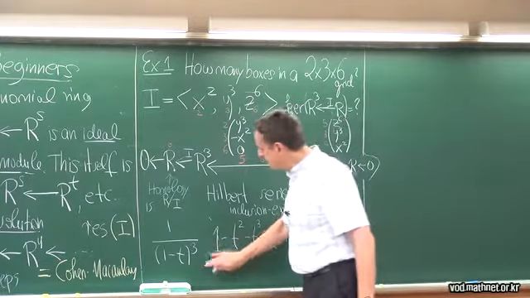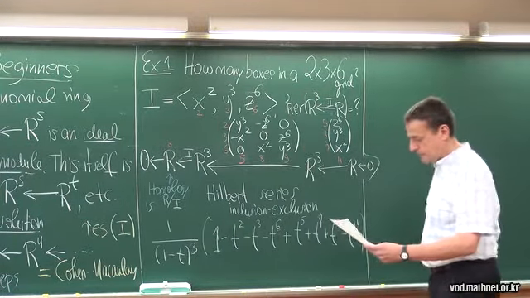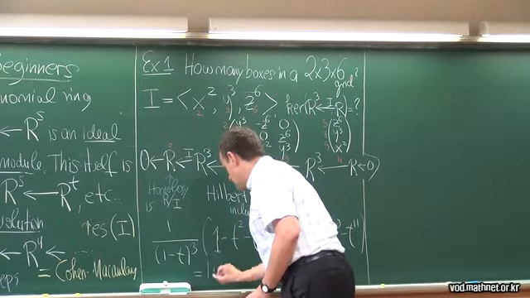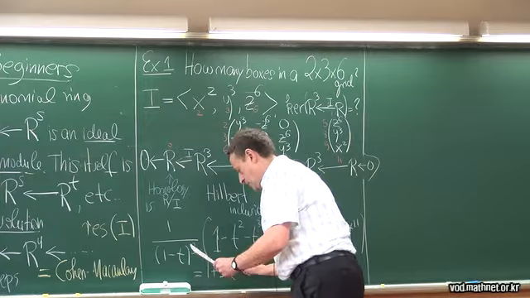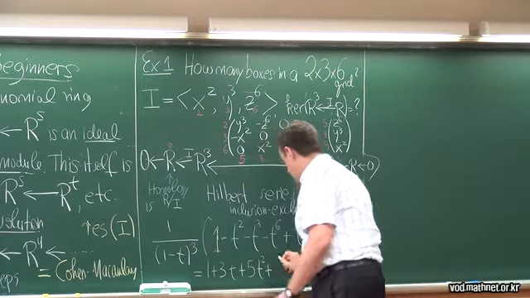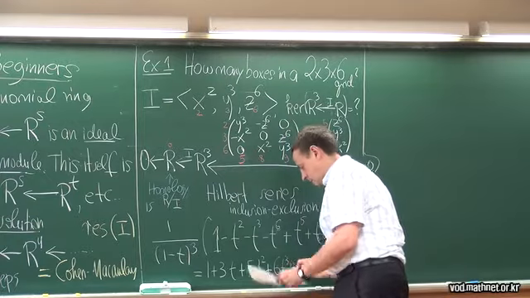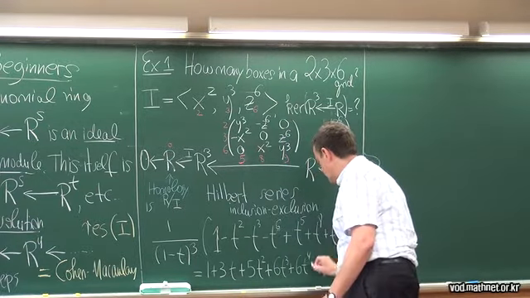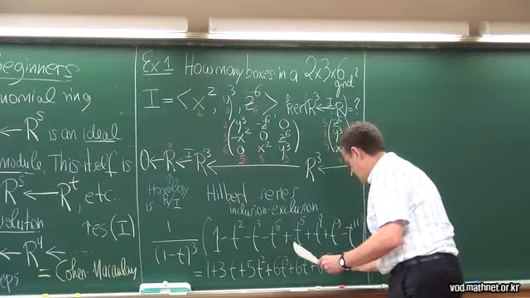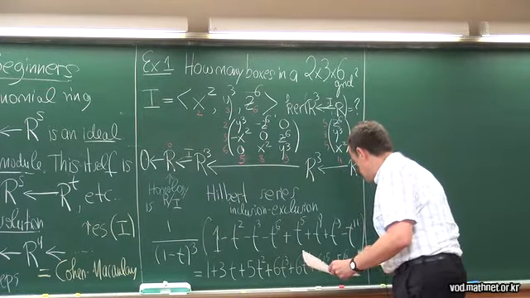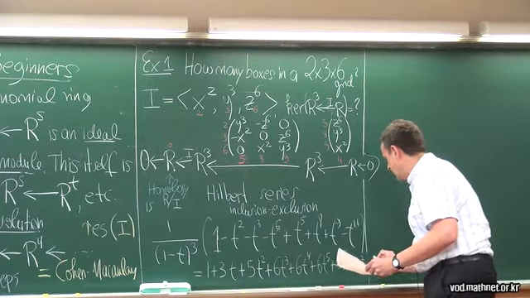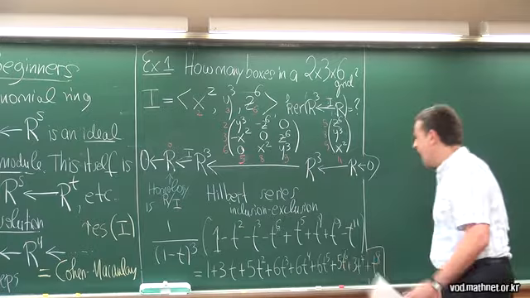Now, in this particular example, this actually factors, and this is just a polynomial. So this is 1 plus 3t plus 5t squared plus 6t cubed plus 6t to the 4th plus 6t to the 5th, almost done, 5t to the 6th, plus 3t to the 7th, and finally t to the 8th.